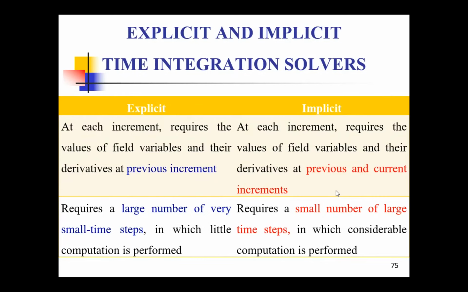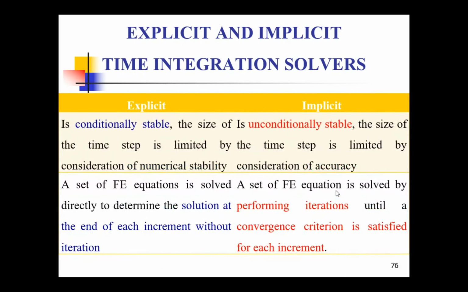So we have to consider the previous increments also. In explicit, we require a larger number of small time steps, but in the case of implicit, we consider a small number of larger time steps. And explicit is conditionally stable, and implicit is unconditionally stable.